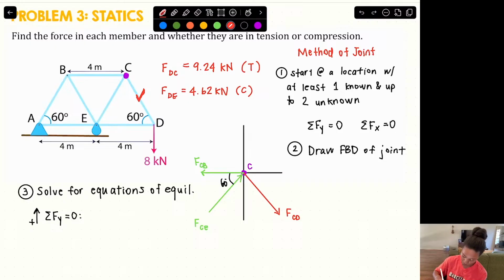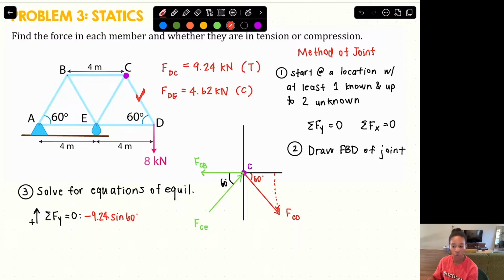Okay, so we know force CD is 9.24, but we need to multiply it by the sine of 60 degrees, because the y component is opposite of that angle. And it will be negative since the y component is going downwards.